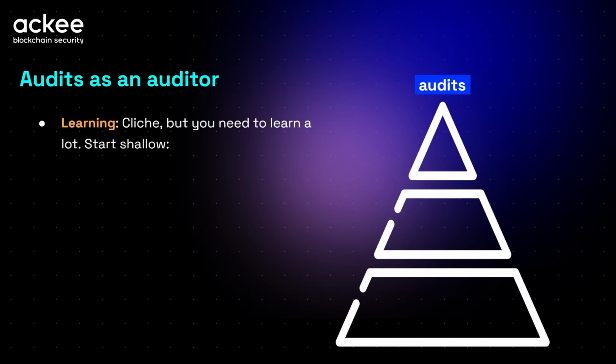And my recommendation is always to learn. I cannot give you the exact path and exact steps, what to learn first, what to learn second, what to learn third, and so on until you are an auditor or penetration tester, because everyone has their own path. What I always recommend is to start shallow.